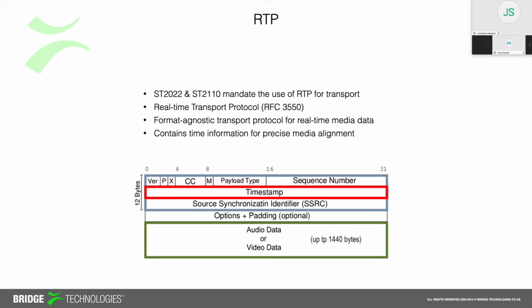2022 and 2110 both mandate the use of RTP for transport. And the main reason, apart from the sequence number, is the ability to timestamp, a 32-bit timestamp. So this gives the possibility to perform very precise timing calculations on individual packets as they arrive.